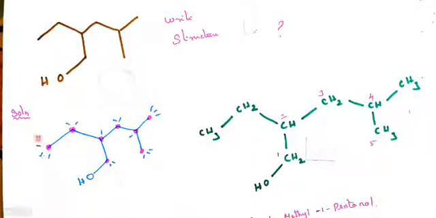Here this is CH3. And this is linked with 1 bond, CH2, single bond CH2. Then this bond with the CH, this bond with the CH. Then single bond CH2, single bond CH2OH.